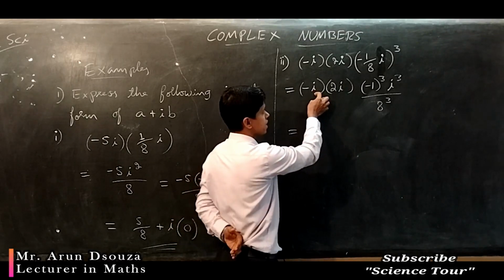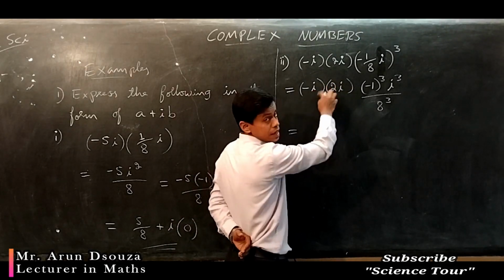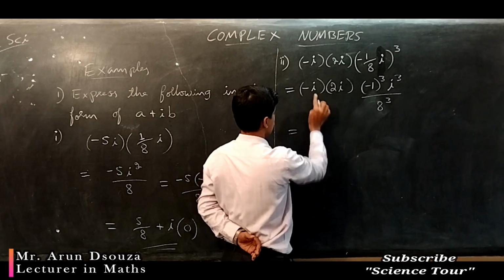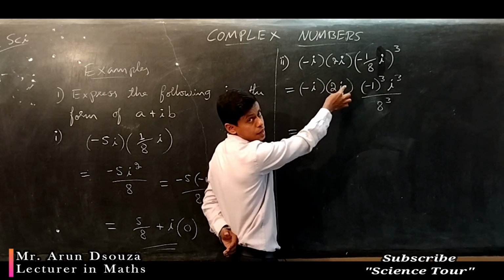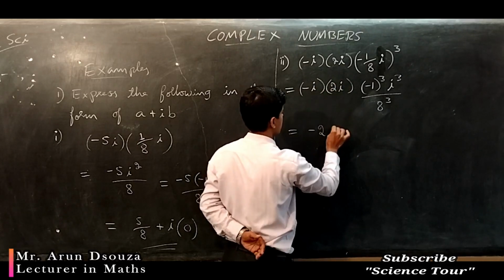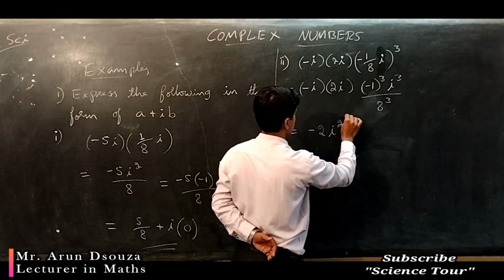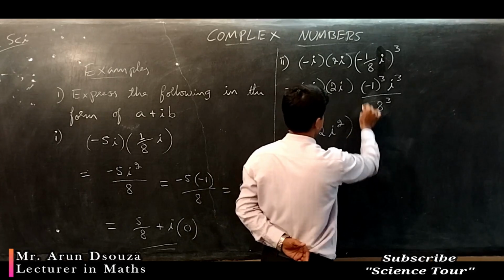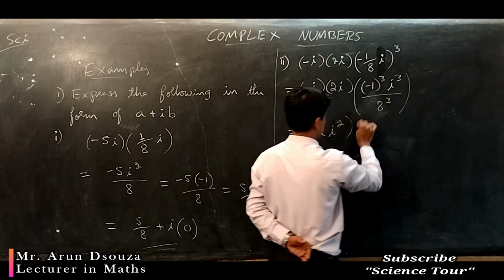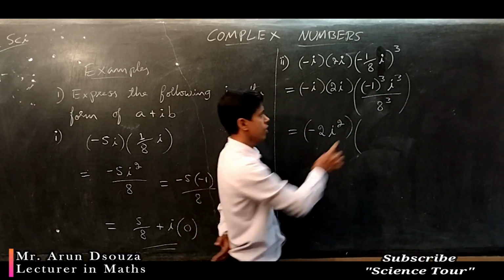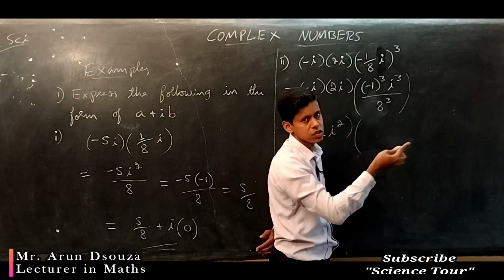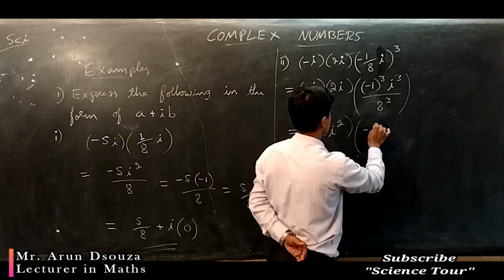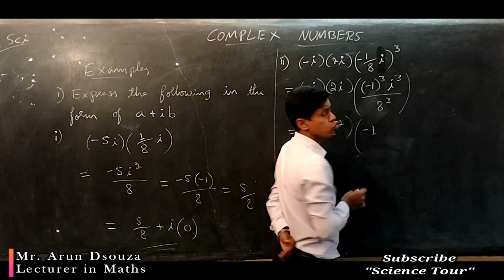So this is minus i multiplied inside, so minus i into 2i, so minus 2 and i into i will be i square. And here, what do you have? Minus 1 whole cube, minus 1 into minus 1 into minus 1, so that is minus 1 itself, and i cube.